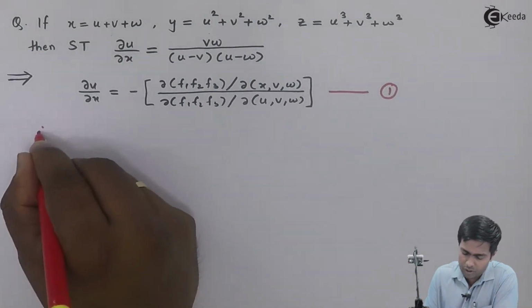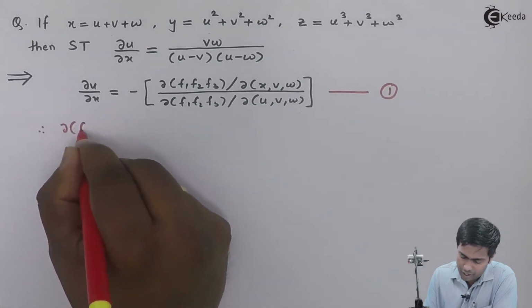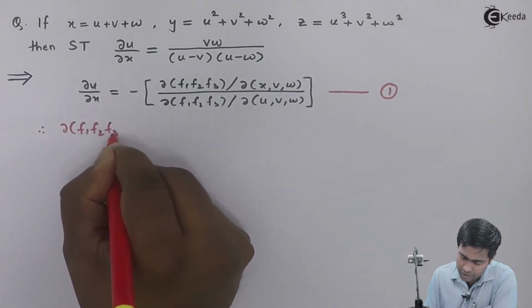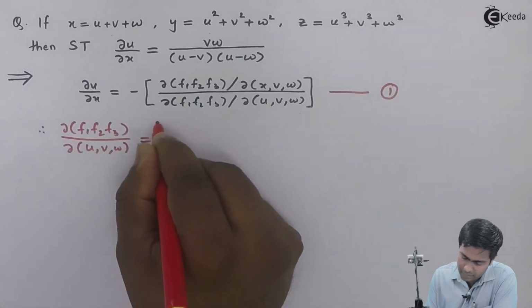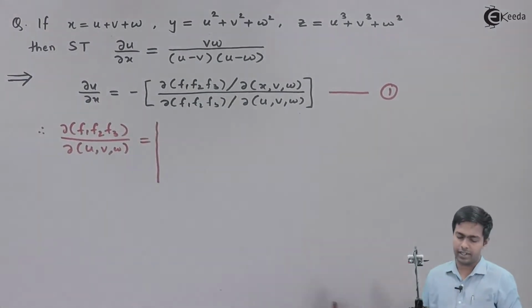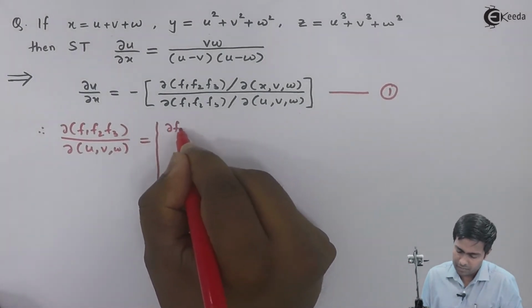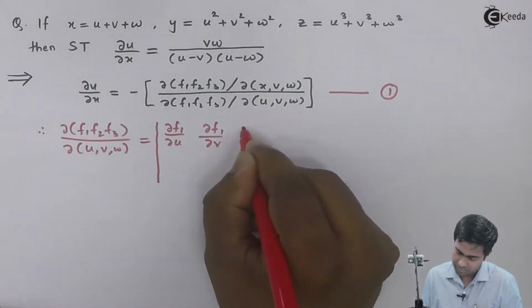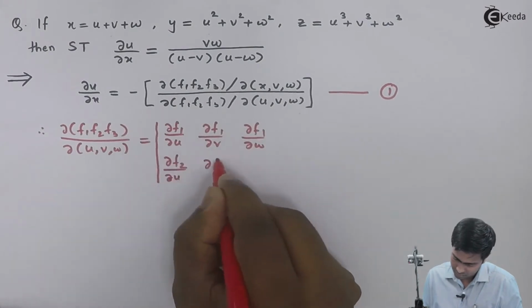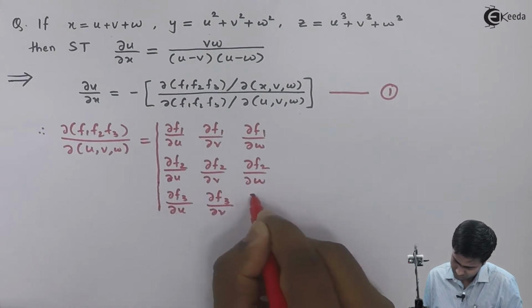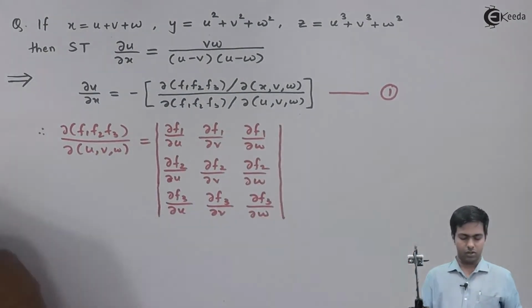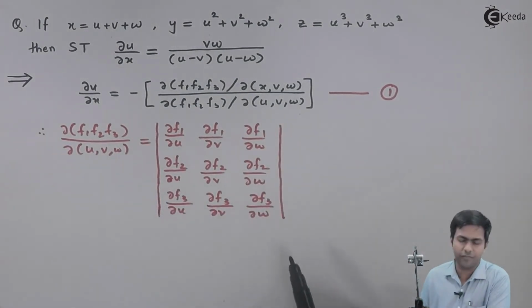Therefore the Jacobian of f1, f2, f3 with respect to u, v, w is given by the determinant, that is ∂f1. So this is the formula.